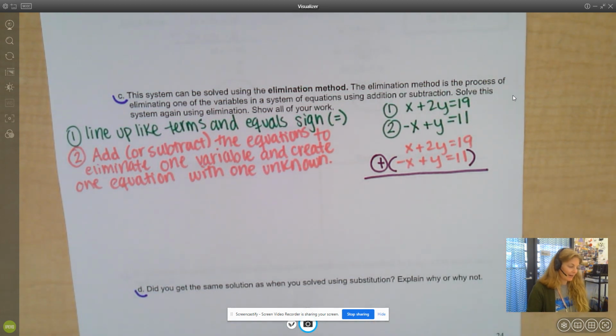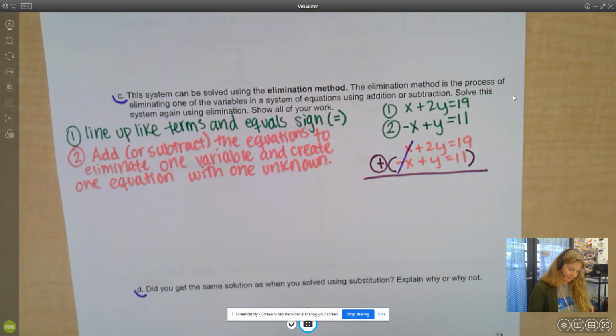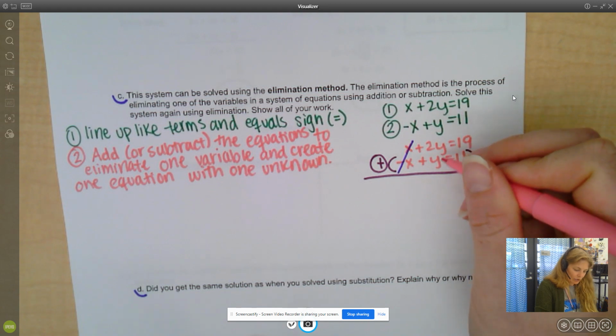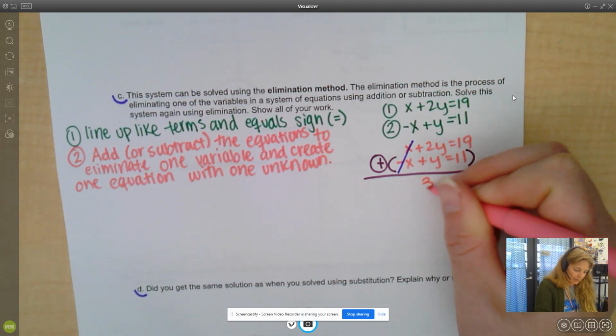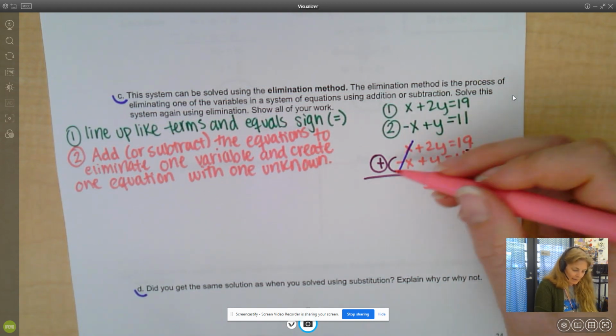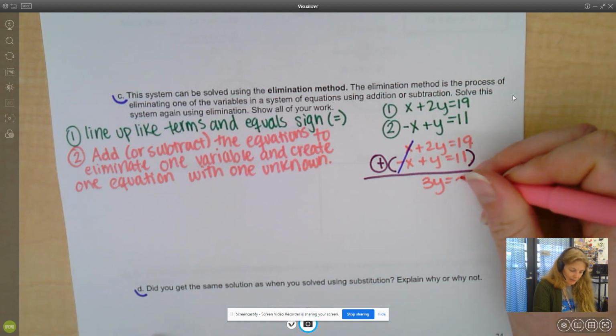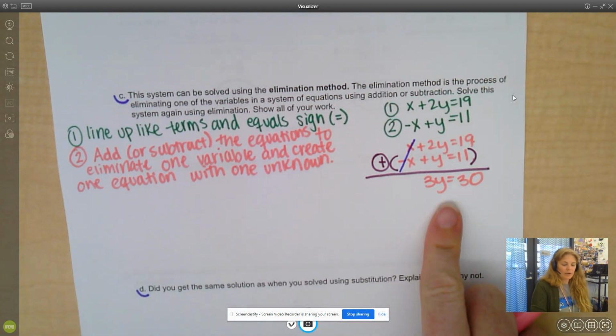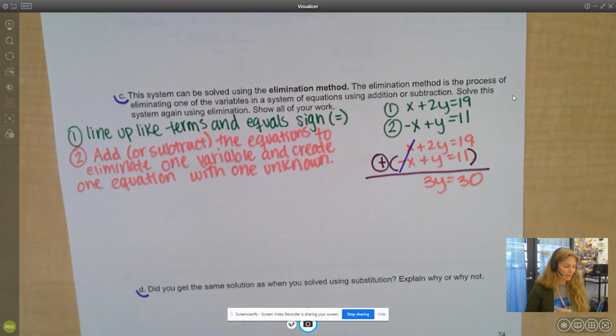So from here, x minus x, well, there's a reason we added those together. It's so they cancel out. So they're gone. And then you just continue and you have 2y plus 1y is 3y. And 19 plus 11 is 30. So here we created one equation with only one unknown, which is y.